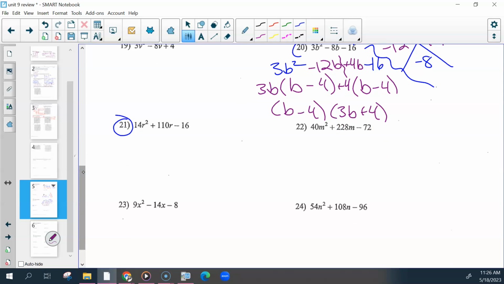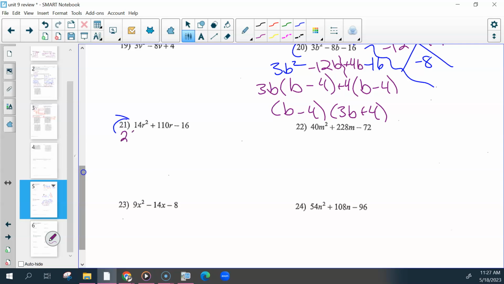Alright, 21. Is there something you can divide out of each one? It is 2.